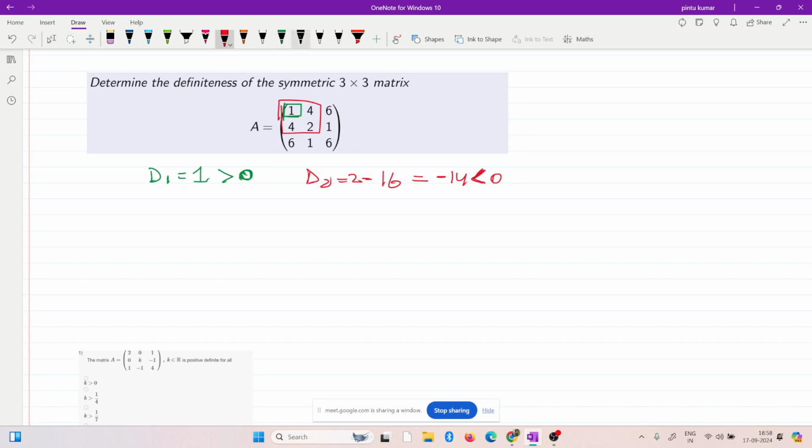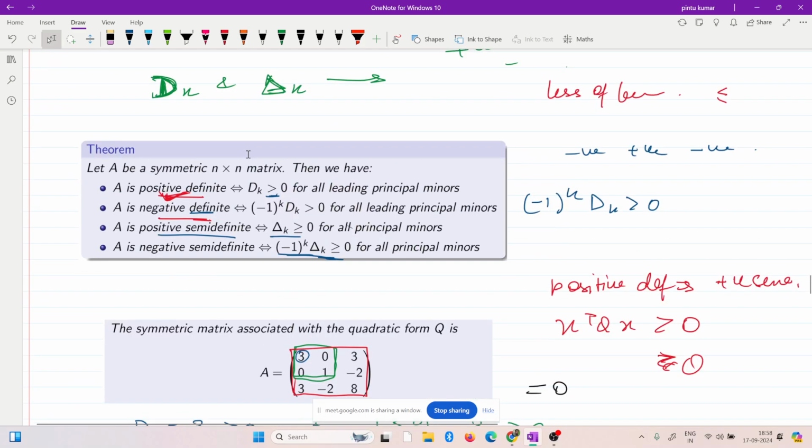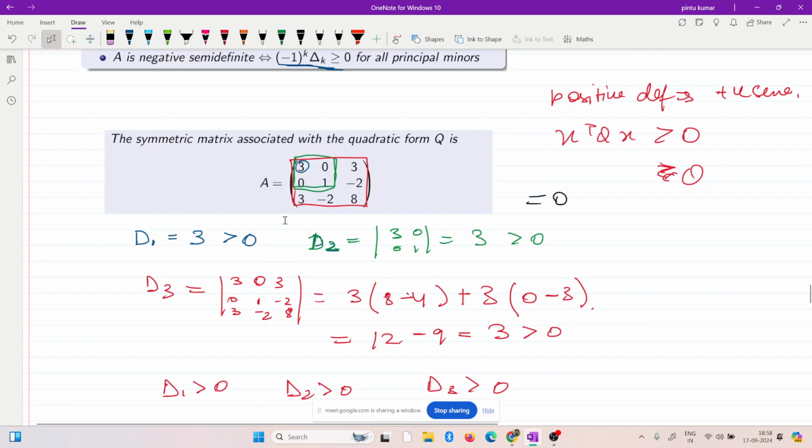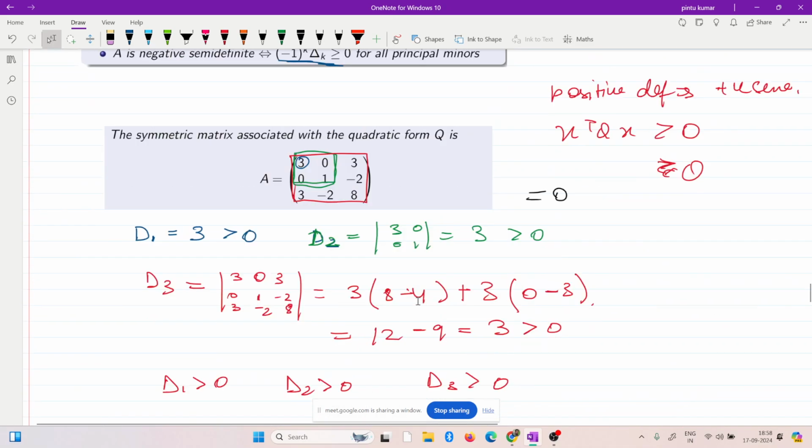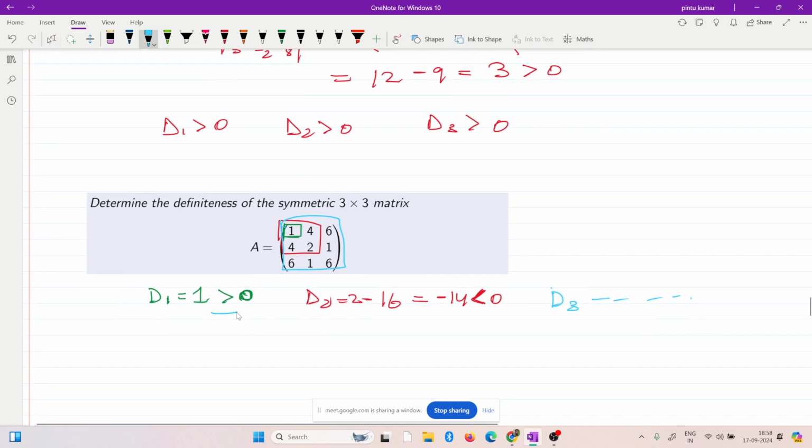And the third one is D3, we can have something. But if you look at the conditions that we had, either we wanted the first one to be negative and the second one positive, and we don't have any option where the first one is positive and the second one negative. So this particular combination does not fall under any of the categories written over there. So it is an indefinite matrix.